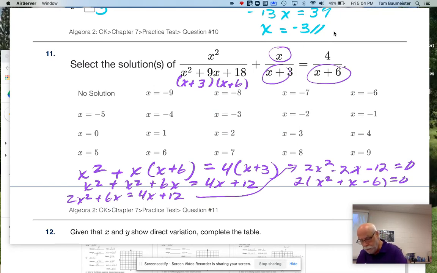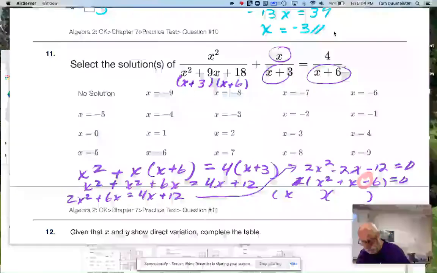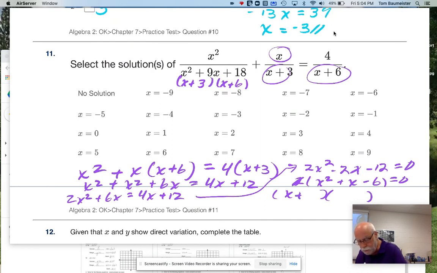All right, so now we know if we divide by 2, 0 divided by 2 is going to go away. So we're just going to have our x squared plus x minus 6. Remember, since this one here is negative, one's positive, one's negative automatically.